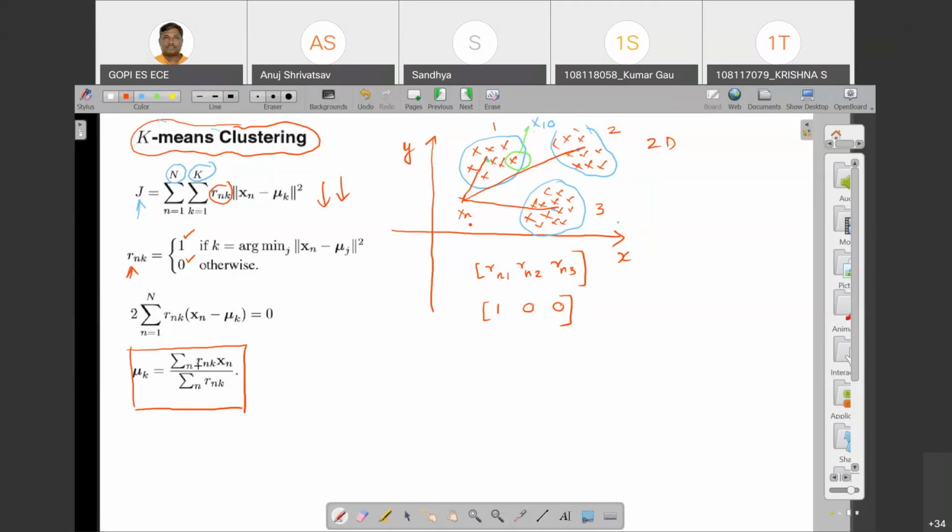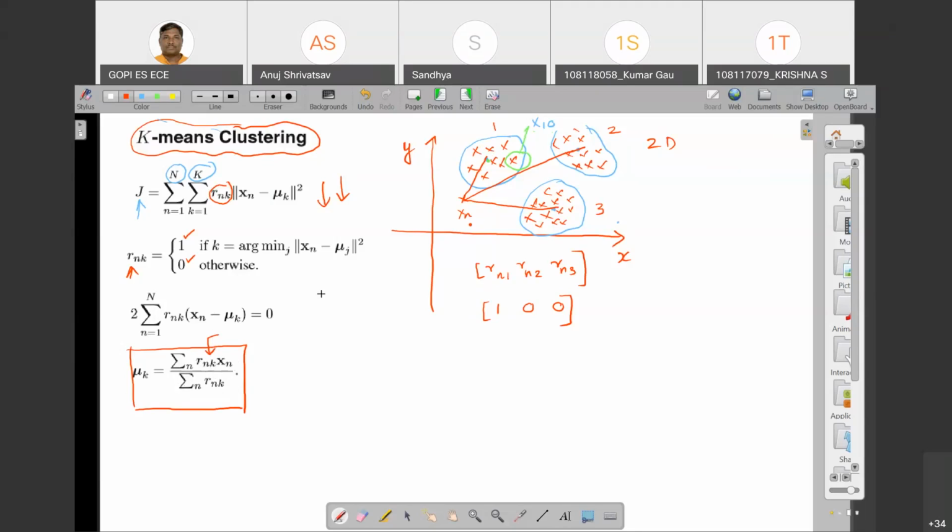The expression says the sum over n of Rnk times xn, divided by the sum over n of Rnk. Intuitively, since Rnk takes the value 1 or 0, it finds the vectors belonging to that particular cluster, and then divides by the number of vectors in that cluster.